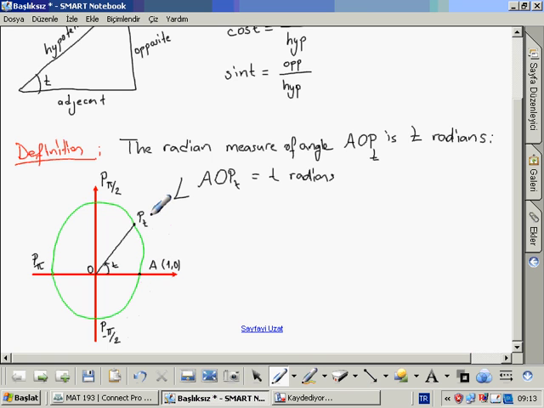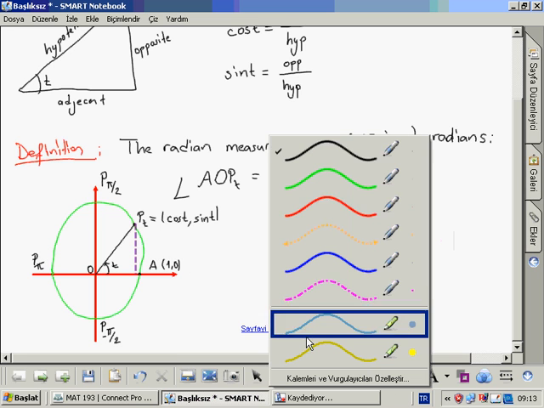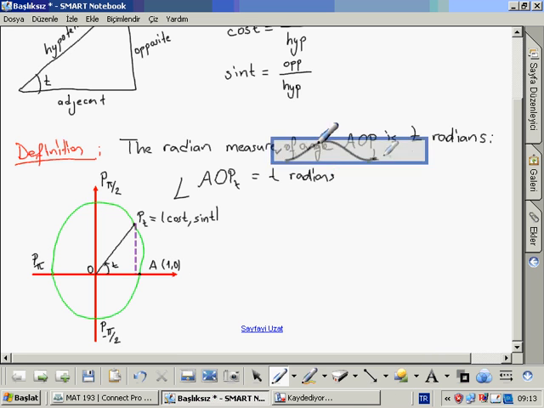We can say this point P sub t equals (cosine t, sine t), because when you take this point's projection on the x-axis and the y-axis, you will obtain these sides. You can see them clearly.